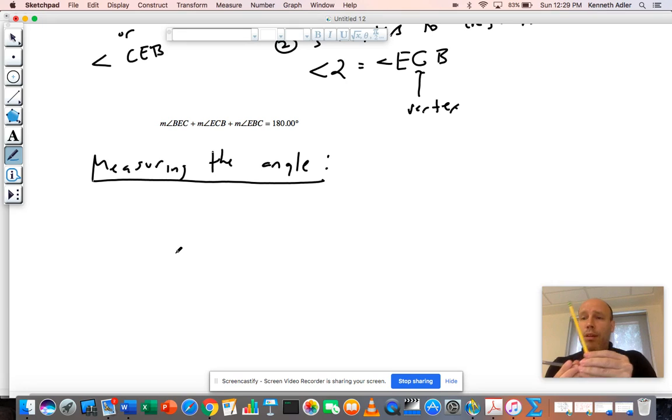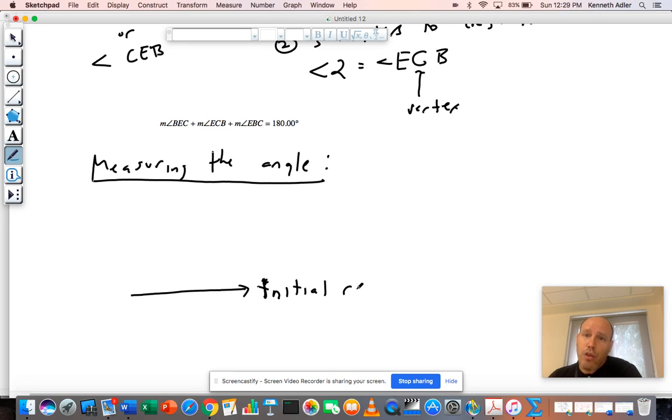So imagine the gray pencil is the first ray. We have two rays: the initial ray, and the other ray is the terminal ray.